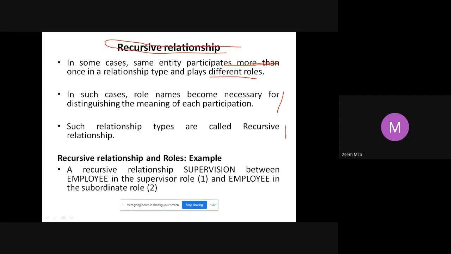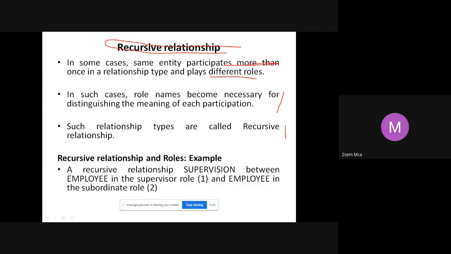There are no two different entities. I am participating as a teacher. I am participating as a student also. I teach also, I learn also. So that means I'm playing two different roles. I teach you, I learn also. So I, as an entity, faculty, am participating in the same relationship. That means I'm playing two different roles.